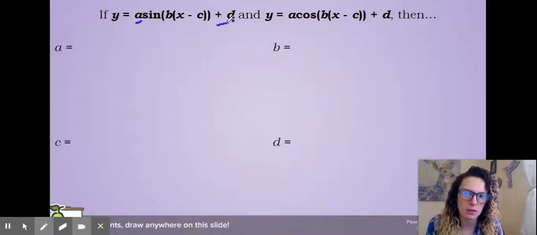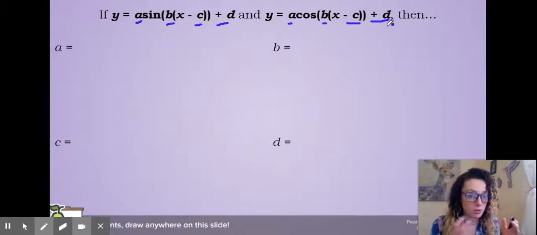Pieces on the outside of the functions, or outside parentheses, affect the graph vertically. Pieces on the inside affect the graph horizontally. Things that are added or subtracted, like C or D, will shift the graph, versus things that are multiplied, like A and B, will stretch or compress the graph.